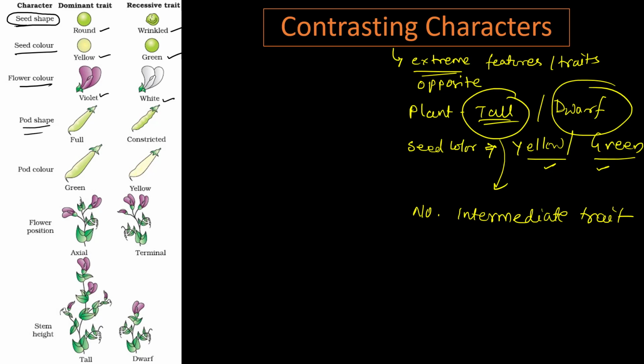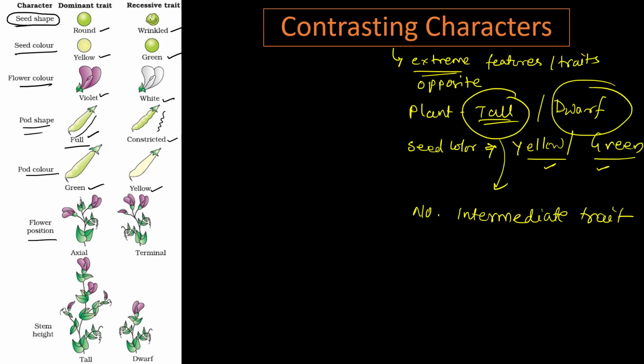The pod shape, and I'll tell you the difference between the pod and the seed, because many people have confusion there. It can be full or constricted. As you can see, there is a slight difference: here it is completely smooth, but here there is some sort of undulation, some wavy nature. Now there is pod color. Pod color can be green or yellow. Now you have a flower position difference.